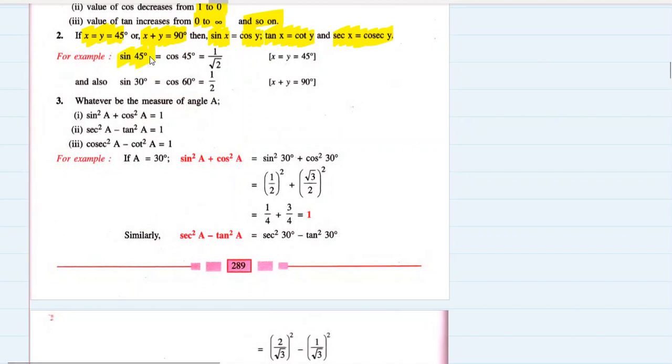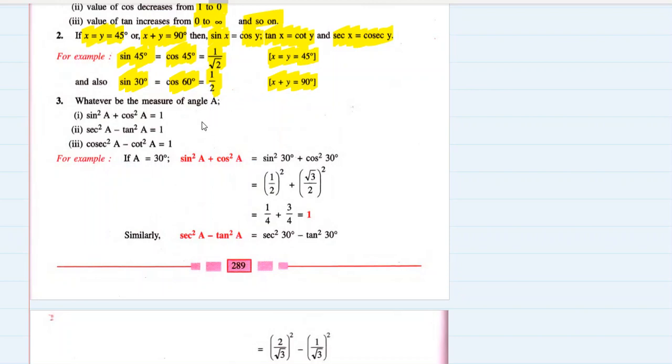For example, sin 45 is equal to cos 45, which is 1/root 2. Sin 30 and cos 60 will be equal, which is equal to 1/2. Here x plus y is 90, and here x plus y is 90, and x and y both are equal to 45.